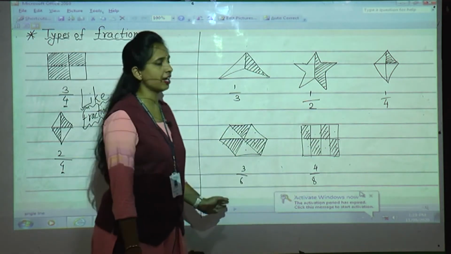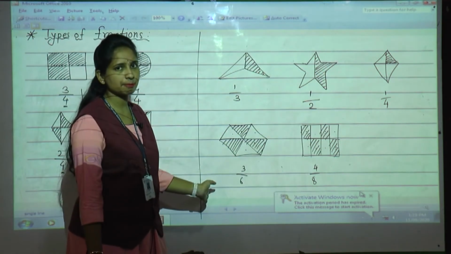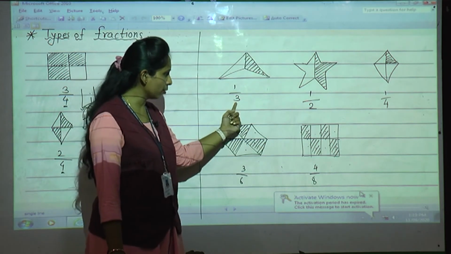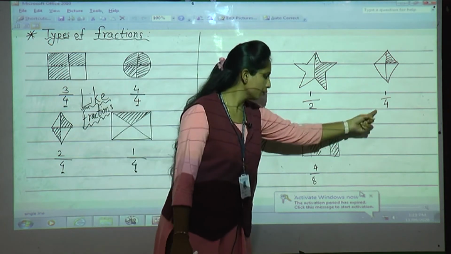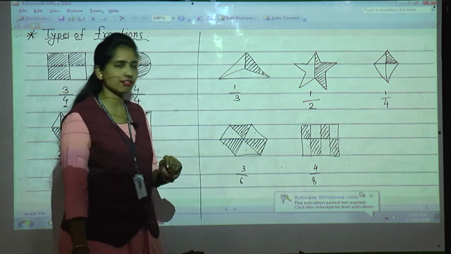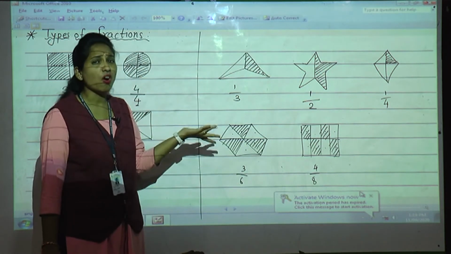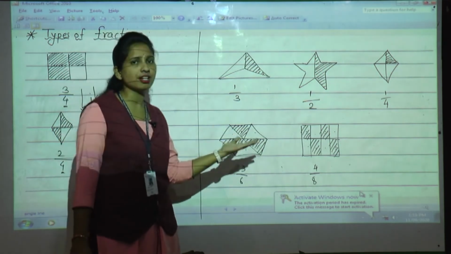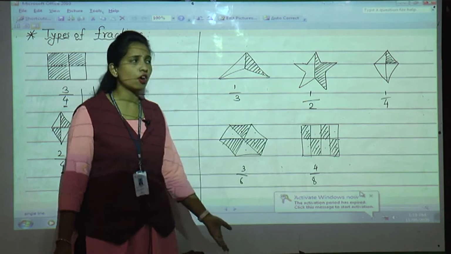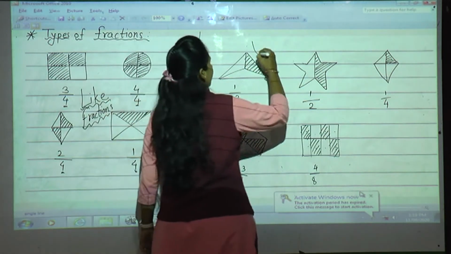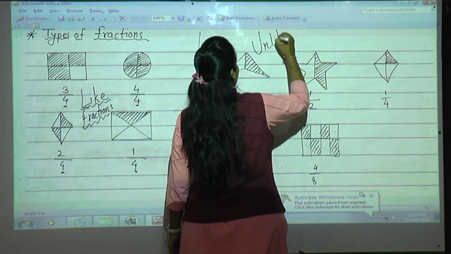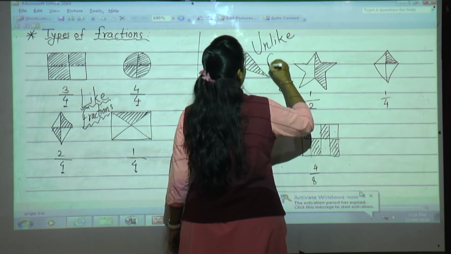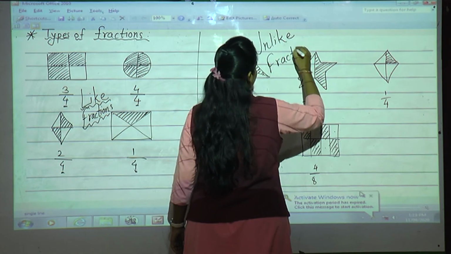I have written 5 fractions here. Observe, the denominators are 3, 2, 4, 8 and 6. See, all the denominators are different. So when the denominators are different, they are called unlike fractions. What are they called? Unlike fractions. Keep in your mind.